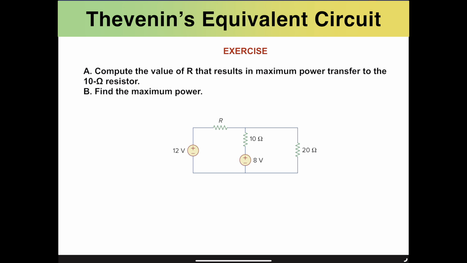That's how we would make use of the Thevenin equivalent circuit over here. Then once the Thevenin equivalent resistance is calculated with respect to this R, we can easily equate that with 10 and find out the value of R. Once that's done, the second part of the question is simply the maximum power transfer that we just calculated in the previous example.